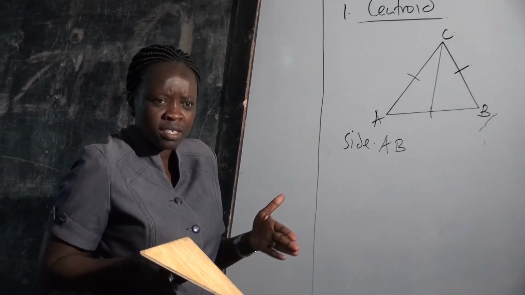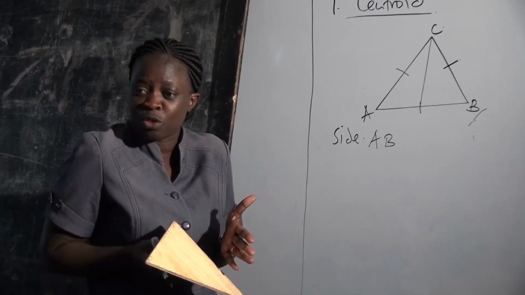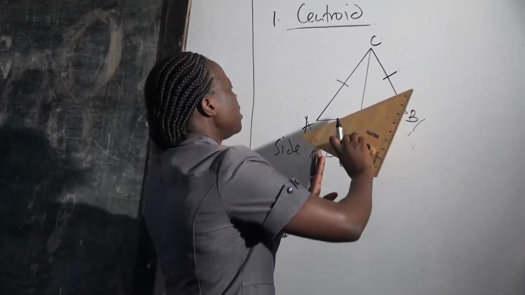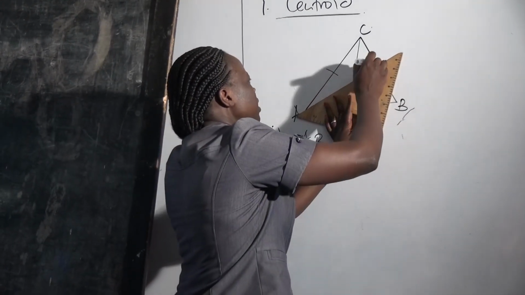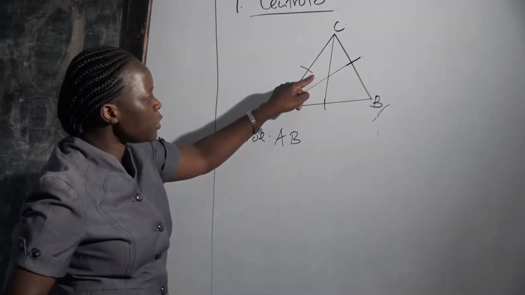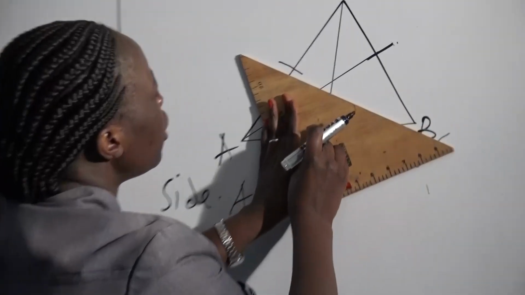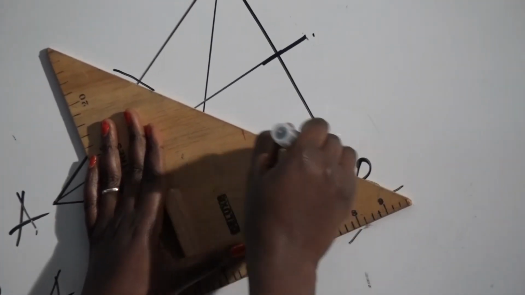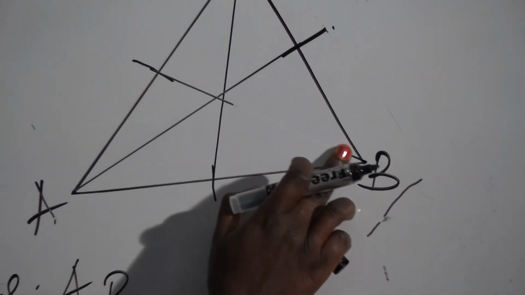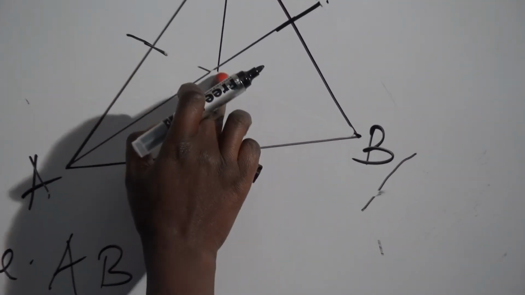We know what a vertex is, where two lines join at a point. If this is the midpoint of BC, then I join this one to A, and again I take the midpoint of AC and join it to B.